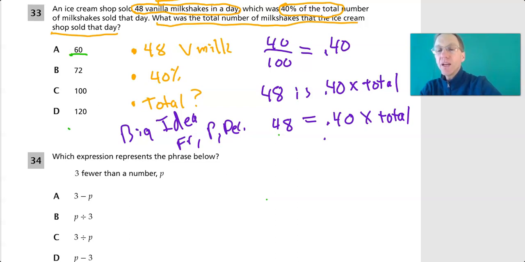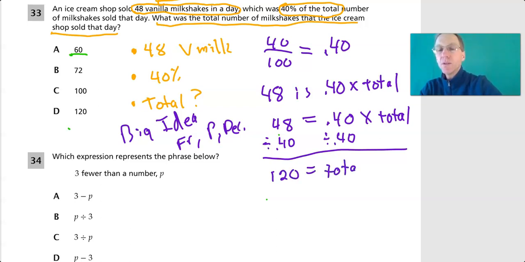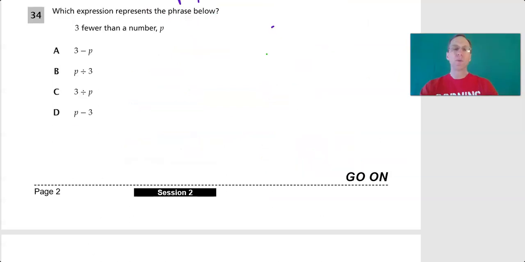So you could divide by 0.4, by 40 hundredths, but you have to divide both sides of the equal sign by 40 hundredths. And if you get your calculator out and you divide 48 by 0.40, you will get 120 equals the total. Just another way to do that. Pretty cool. Okay, welcome back.